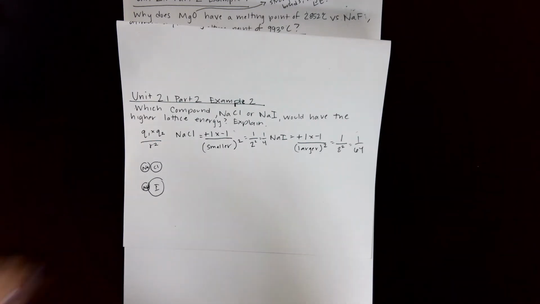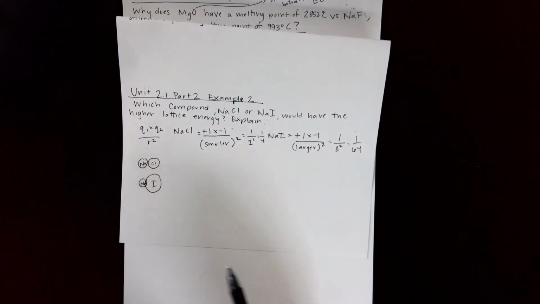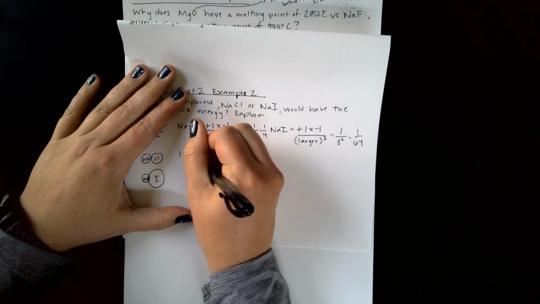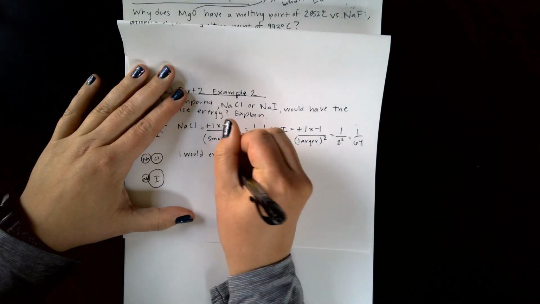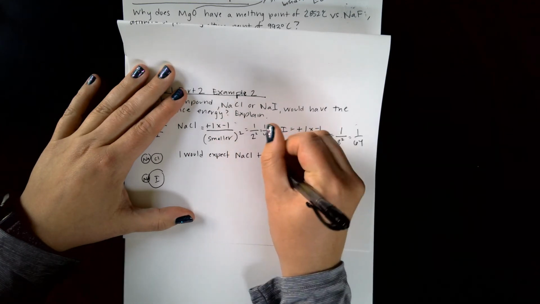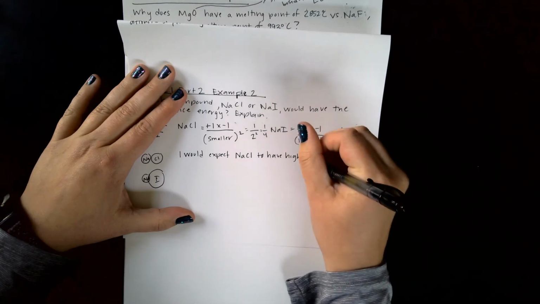So back to the question, it says which compound would have the higher lattice energy, and explain. I would expect NaCl to have a higher lattice energy than NaI.